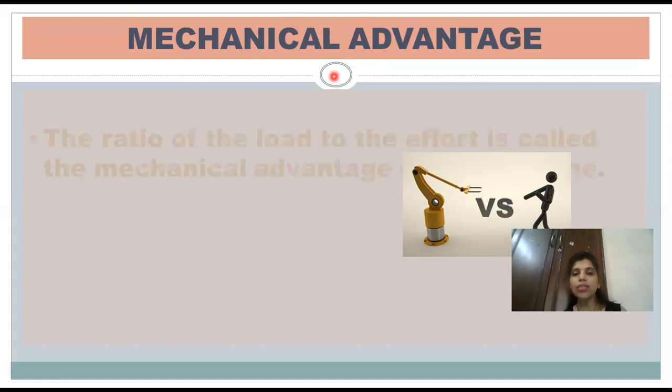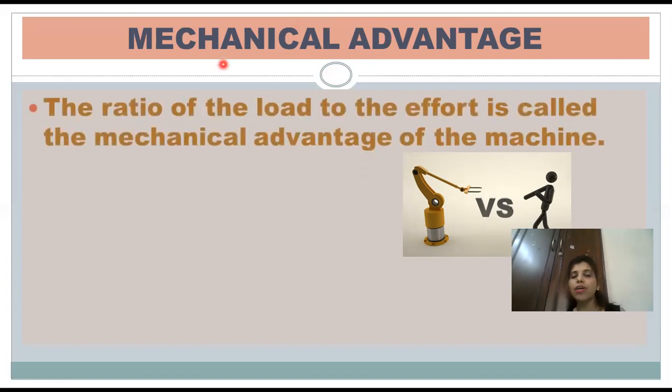So now let us see what this mechanical advantage is. When we are talking in terms of physics, we always denote any term using a formula or developing a relation. So when you're talking about load and effort, the ratio of load to the effort is known as the mechanical advantage of a machine.